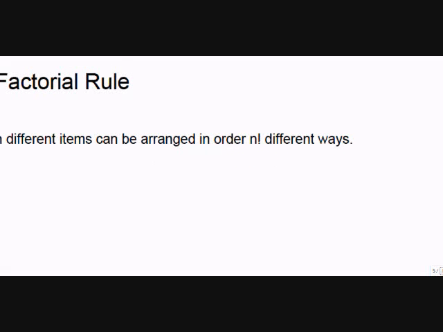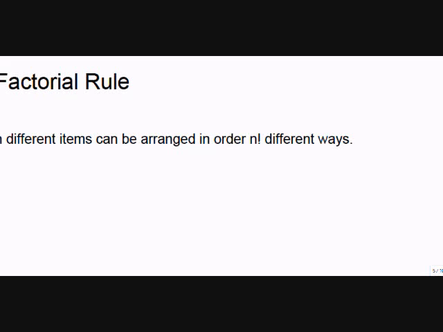Another counting rule is the factorial rule. If I've got n different items and I want to see how I can arrange all n of those items, the number of ways I can arrange them is n factorial.